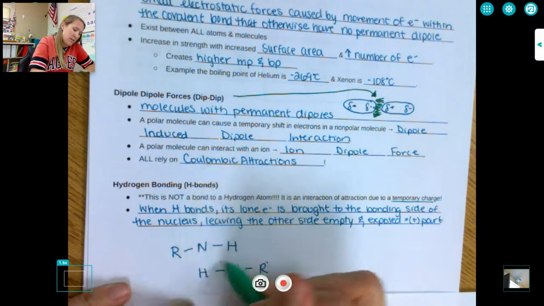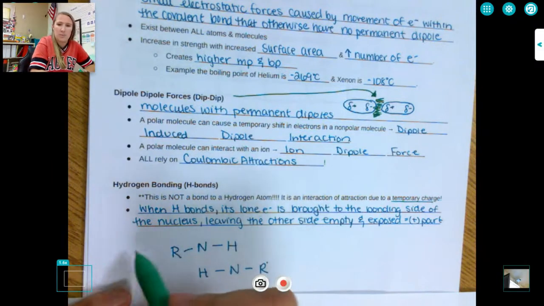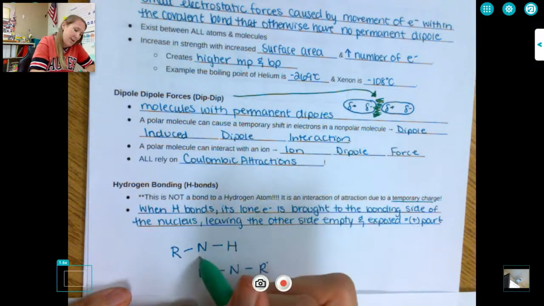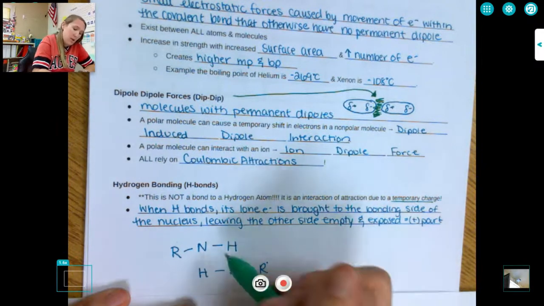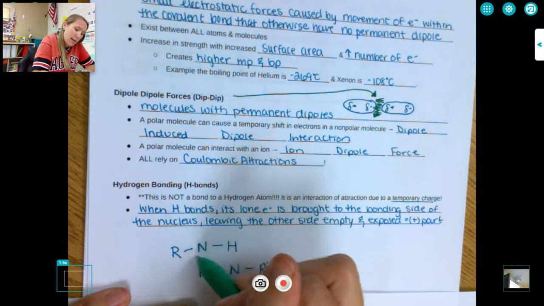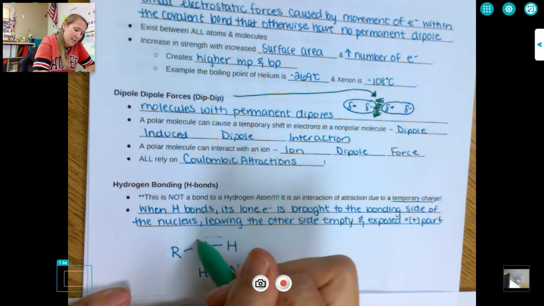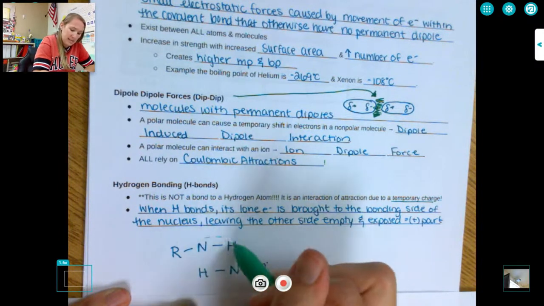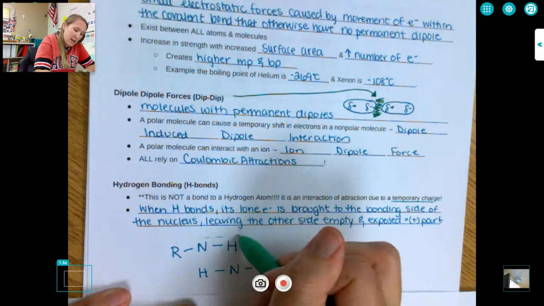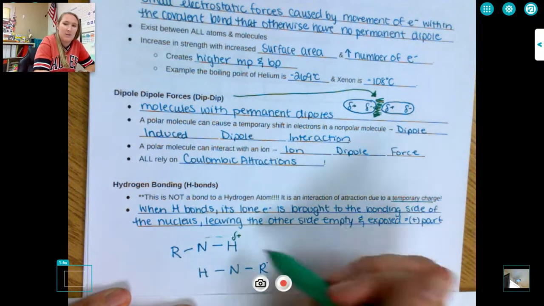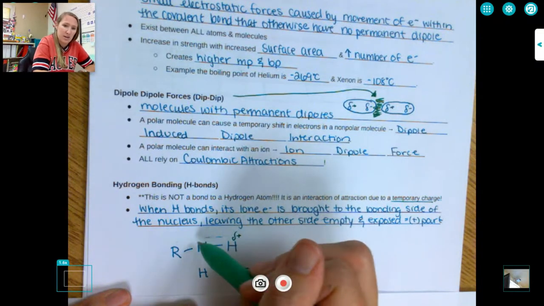So if I was looking at this molecule here, R just stands for rest of molecule, and I have my N-H to it. And then this is just the molecule flipped around. Well, nitrogen is way more electronegative than hydrogen. So because this bond exists, there's a really large change in electronegativities. And hydrogen becomes partially positive because it loses its valence electron to nitrogen.